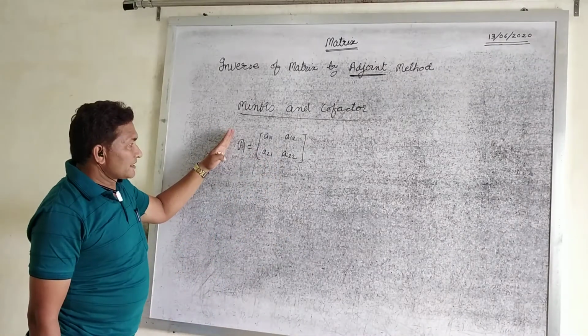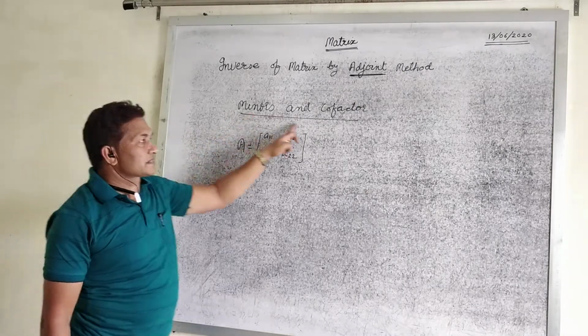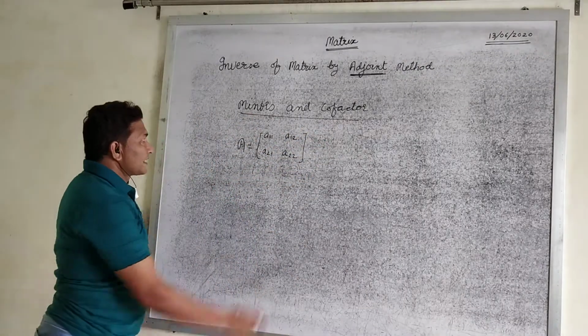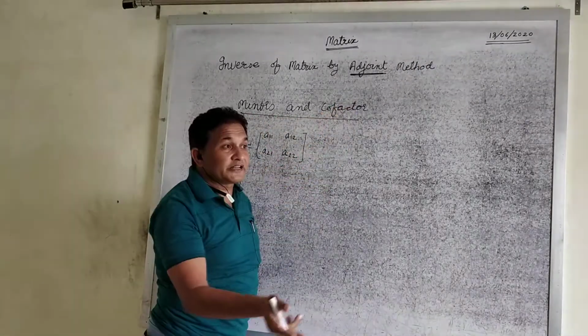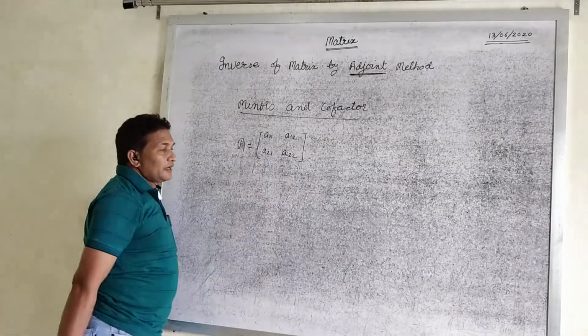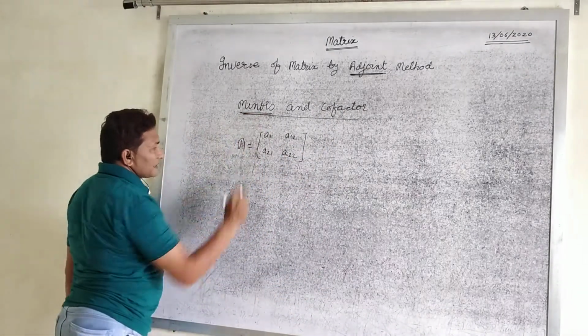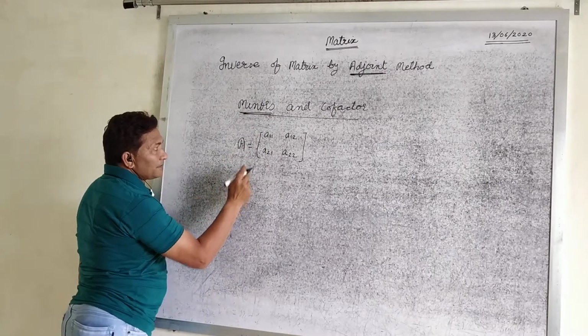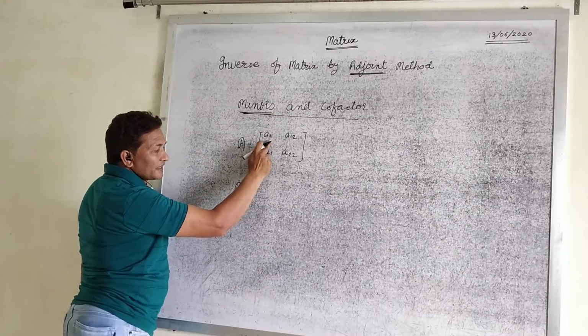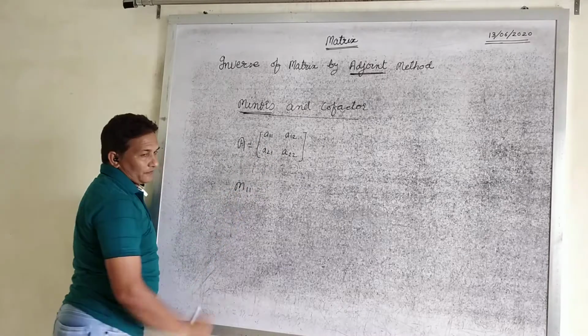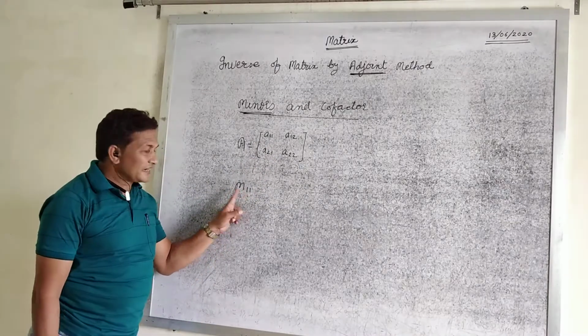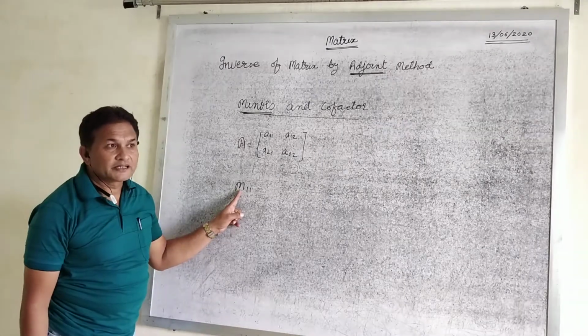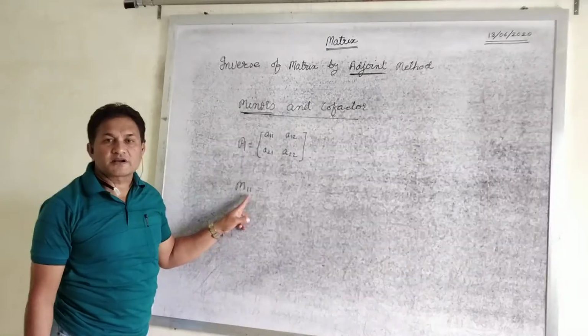Now in a square matrix, we have to find first the minors and cofactors. Minors and cofactors are of the elements of the matrix. Now first find the minor. How to find the minor? The minor of the first element A11 is denoted by M11. So M11 represents the minor of the element which is in first row, first column.